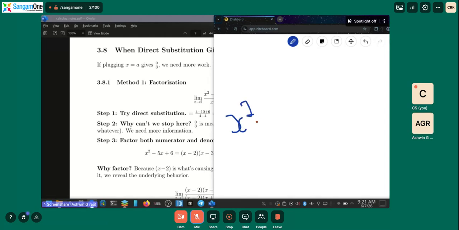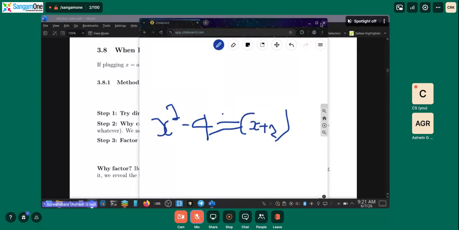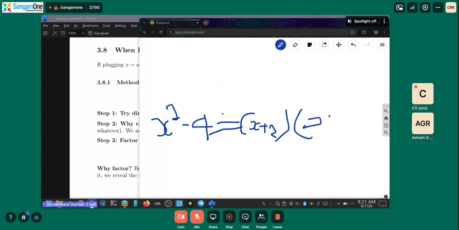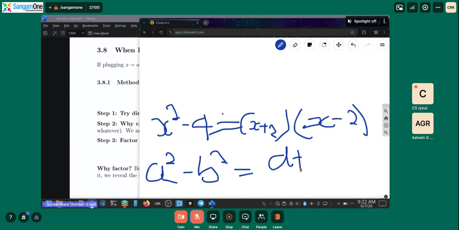which is nothing but x square minus 4, which is x plus 2 into x minus 2, which is like a square minus b square, a plus b into a minus b.